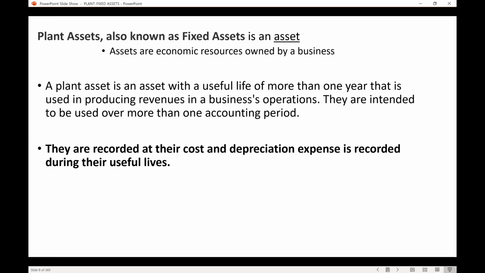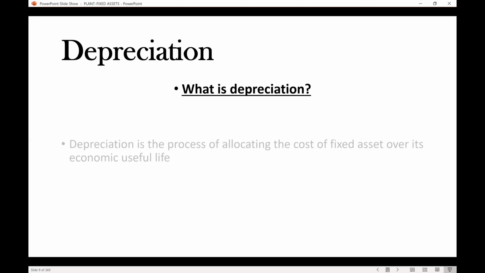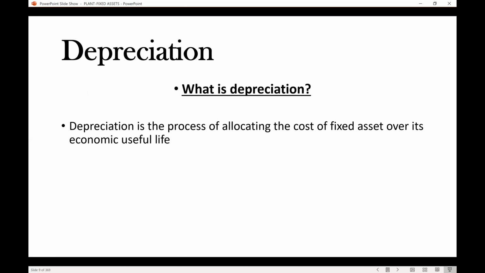A depreciation expense is recorded, right? So that's what we're looking at. What is depreciation, right? So we say depreciation is the process of allocating the cost that we found just now, based on the selling price and any other cost that you incur to bring it to its intended use, right?